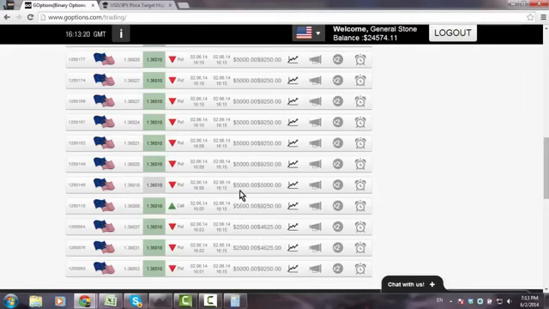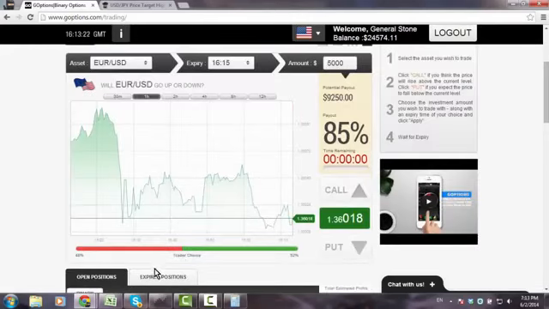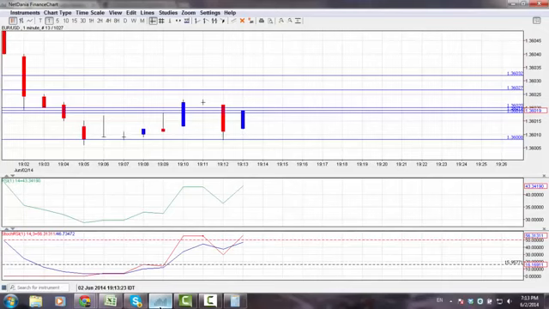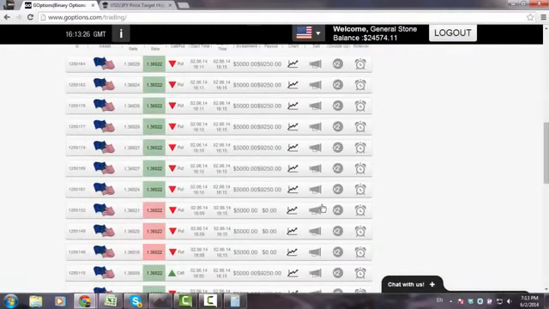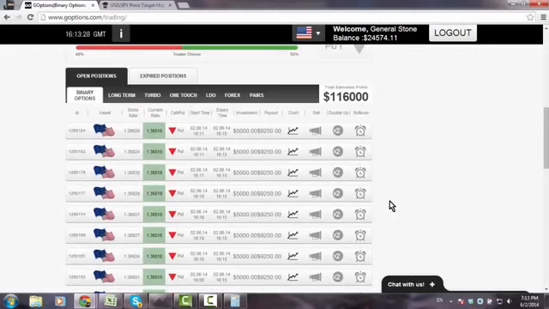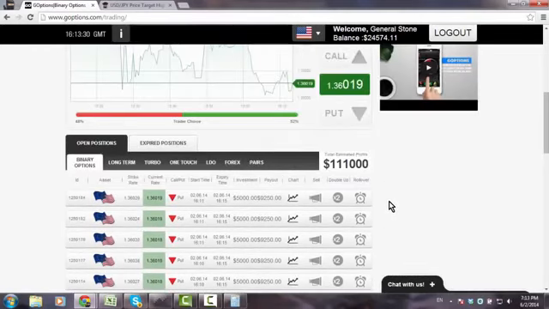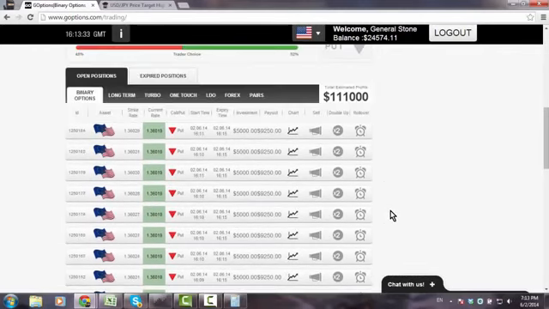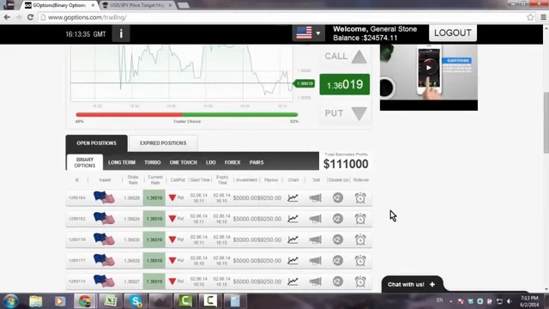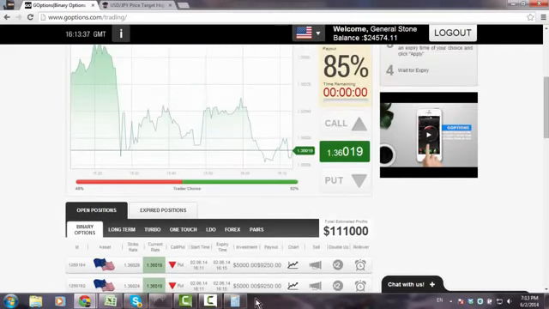As it is, I've got one position, a put, that's currently sitting just at the money. I need that euro dollar to just step down ever so slightly, exactly. So I'm hoping that I can just see it one or two points in the right direction.